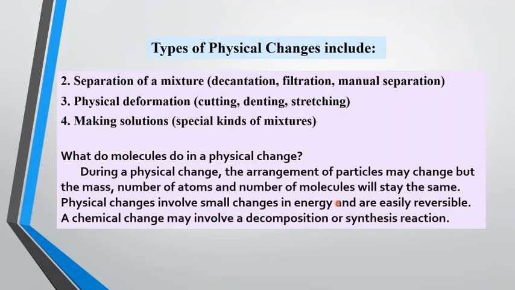During a physical change, the arrangement of particles may change, but the mass, the number of atoms, and the number of molecules will stay the same. Physical changes involve small changes in energy and are easily reversible. A chemical change may involve a decomposition or synthesis reaction. That's the difference between physical and chemical change.